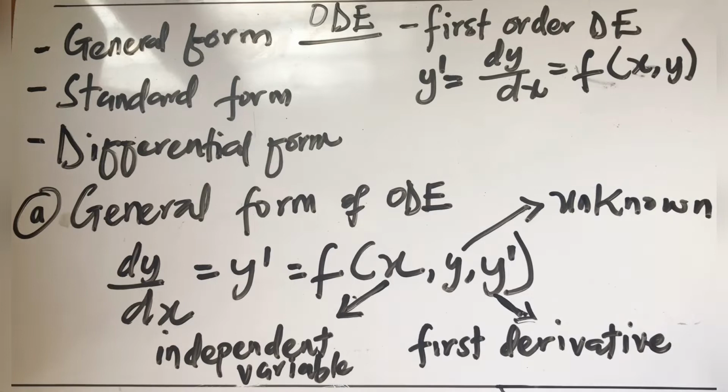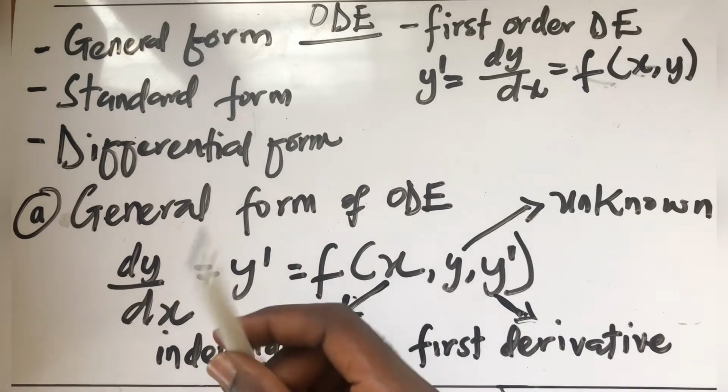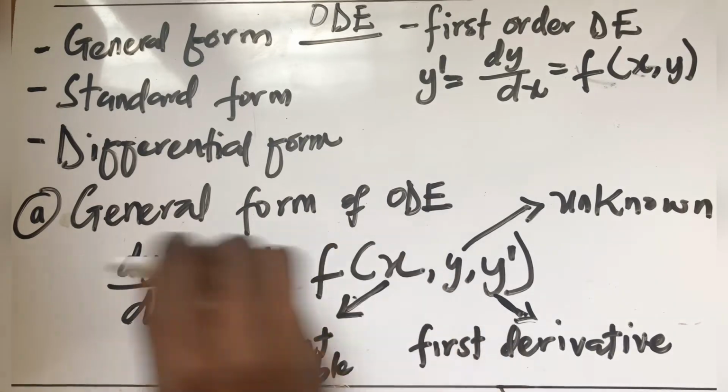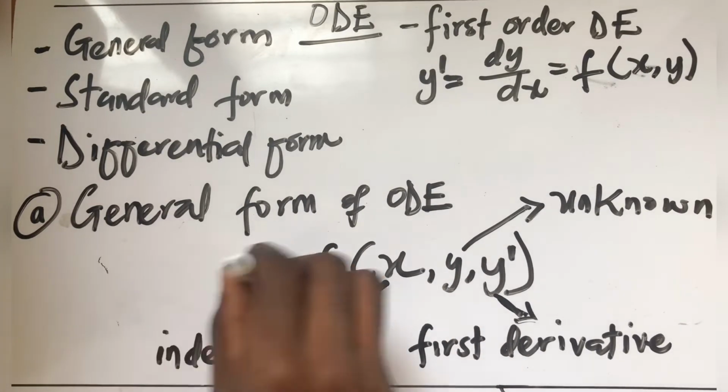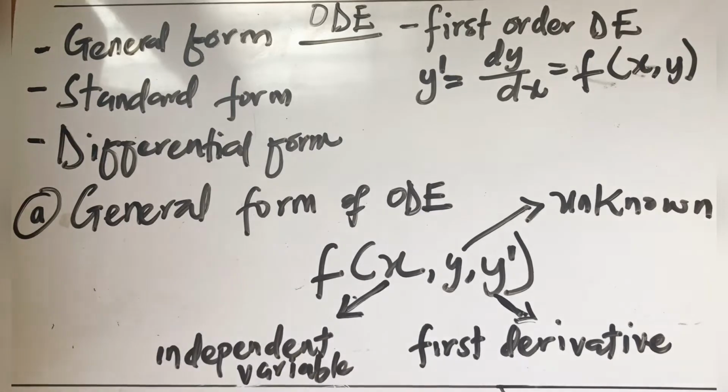So this is how we represent the general form of an ordinary differential equation. We have dy dx, which is the same as y prime, equal to a certain function with x, y, and y prime. We could just omit this and say that our general form of the differential equation has to be in this format.